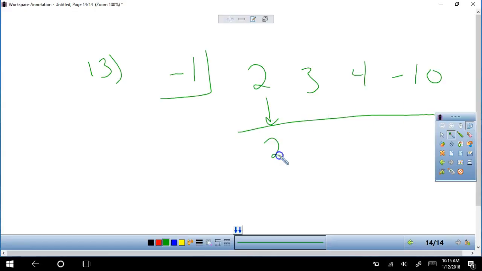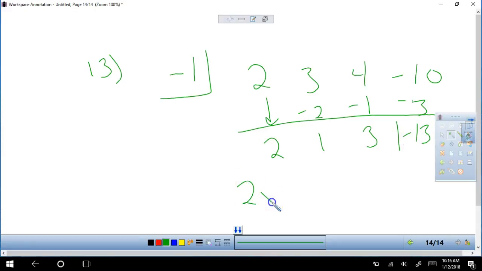Bring down the 2. 2 times negative 1 is negative 2. 3 minus 2 is 1. 1 times negative 1, negative 1. 4 minus 1, 3. 3 times negative 1, it's negative 3. Negative 10 minus 3 is negative 13.